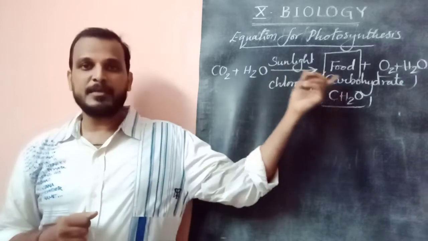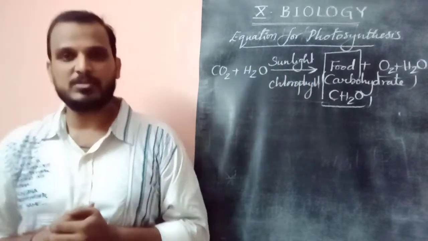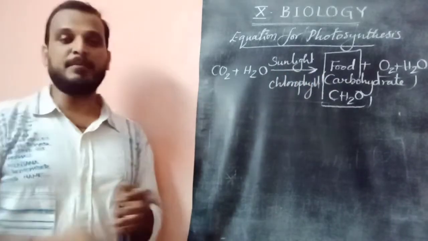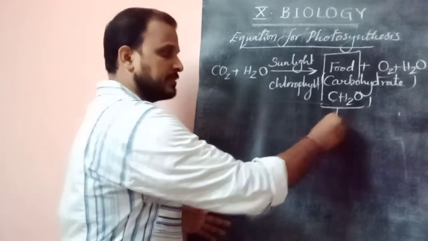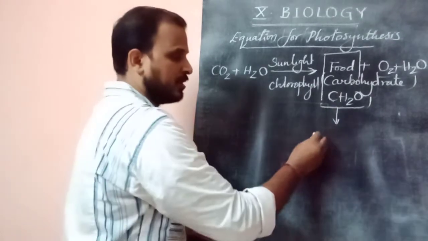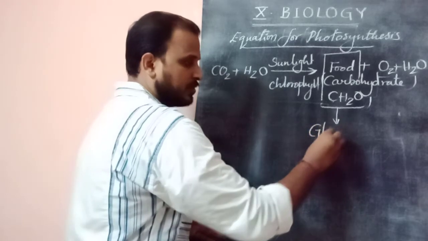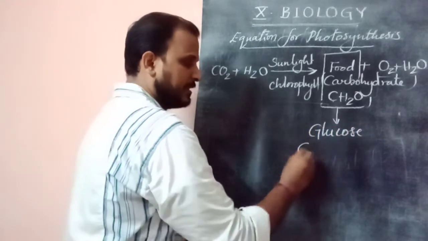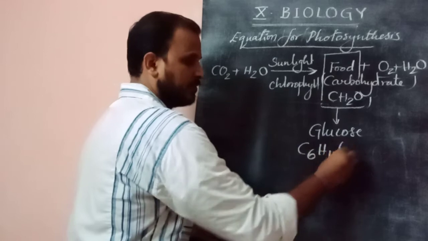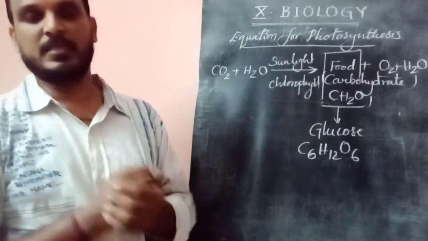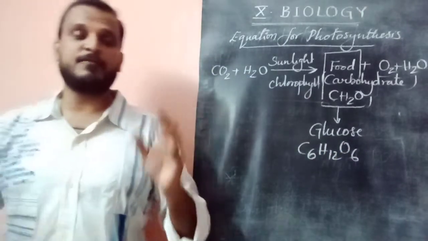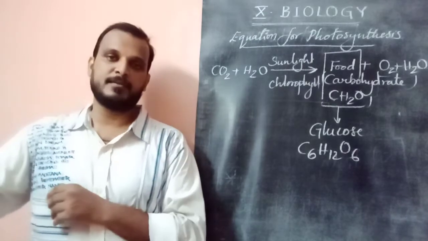Now, what is the important carbohydrate prepared in this photosynthesis? The important carbohydrate prepared in photosynthesis is called glucose. What is its formula? C6H12O6. Understand, dear children? What is the important food prepared here? Carbohydrate.